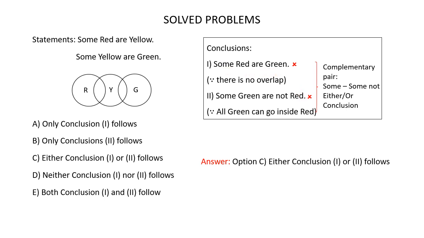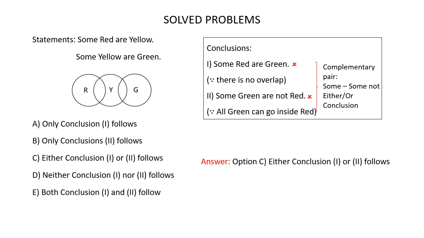Conclusion 1 is a positive conclusion and conclusion 2 is a negative conclusion. The subject and predicate of both the conclusions are the same. The conclusion 1 is of some type and conclusion 2 is of the some not type.